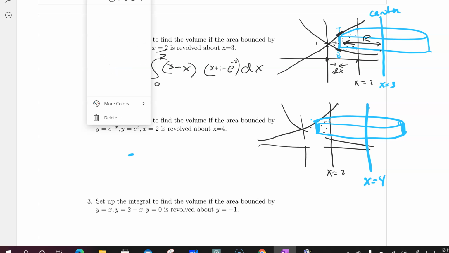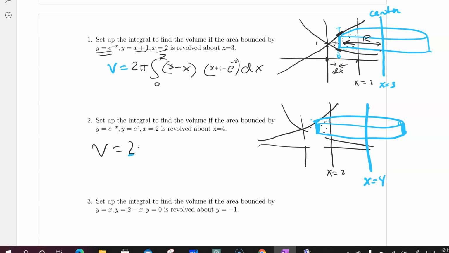All right, so volume is 2 pi radius height, and if it's parallel this way, that means the thickness of the rectangles is dx. Okay, so from here to here is the radius. From here to here is an x value.